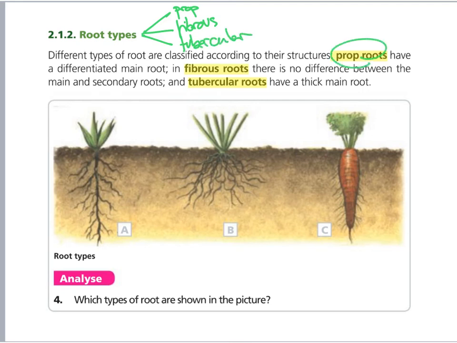The prop ones have the main root and secondary roots. Fibrous, there is no real main root, they are more or less all the same, right? And tubercular, the ones that could store lots of substances inside, right? So this is the main root, and directly they have the hairs.